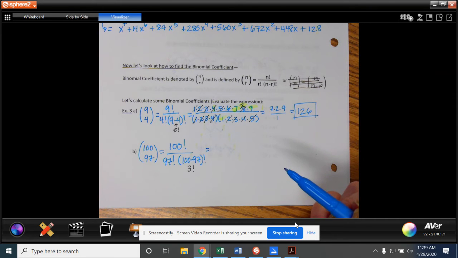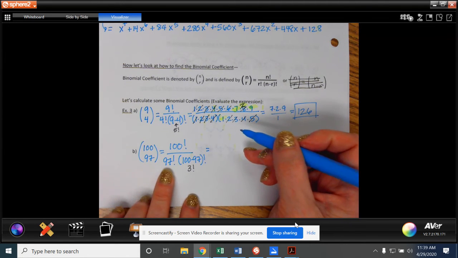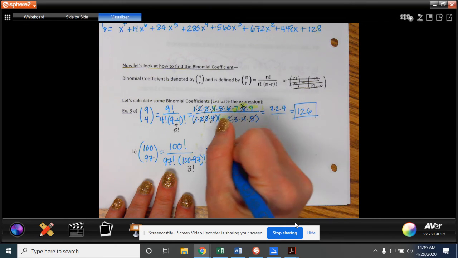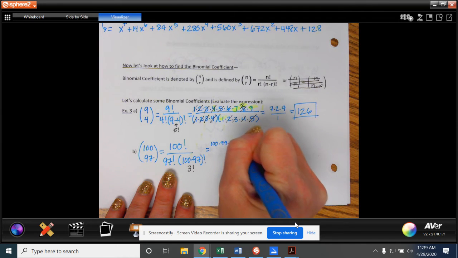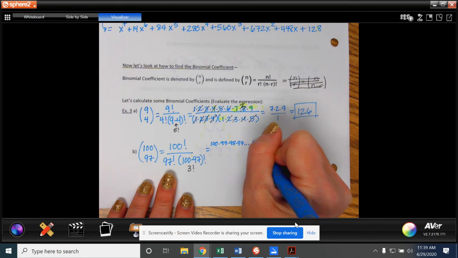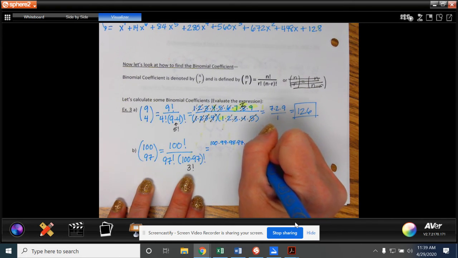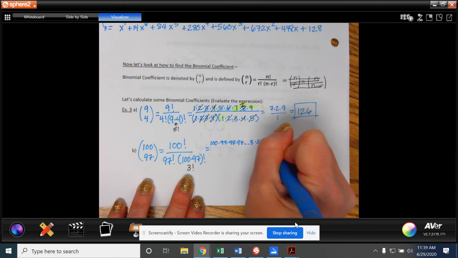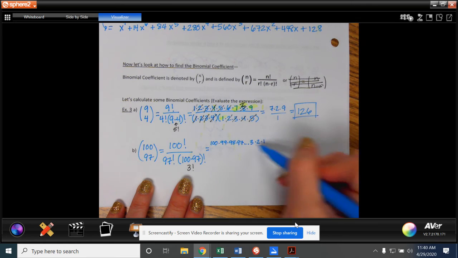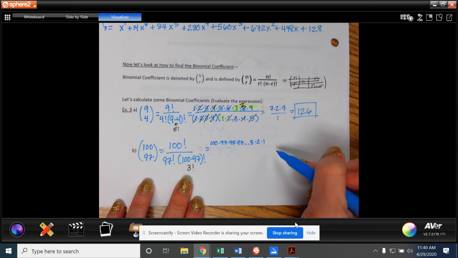A lot of professors will start with the high and go down to the low. So I would say at least show down to whatever this number is, 97. I would have 100 times 99 times 98 times 97, dot, dot, dot, down to 3 times 2 times 1. Then I don't have to state them all. I know that this goes from 100 to 1, or you could have gone 1 to 100.